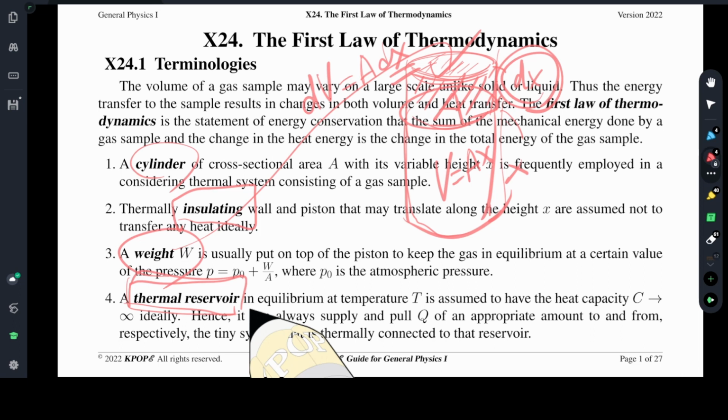Only if the state is in thermal equilibrium are the thermomechanical variables, such as volume, pressure, and temperature, well defined.